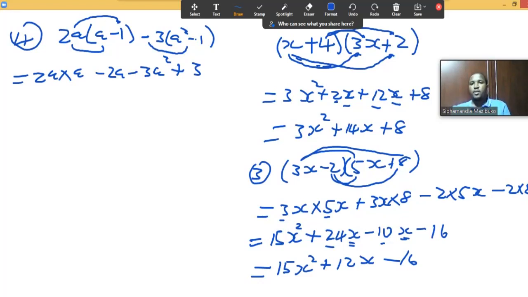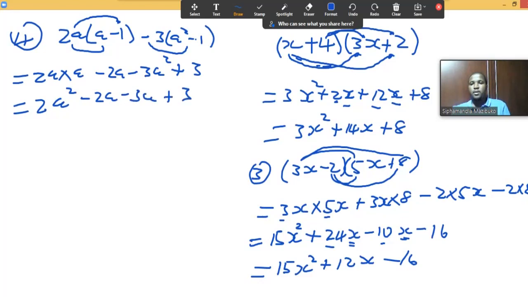Then we move to our next step. So now we're multiplying 2a times a. That should give us 2a squared. And then minus 2a minus 3a squared plus 3.